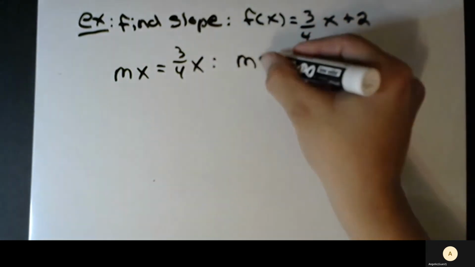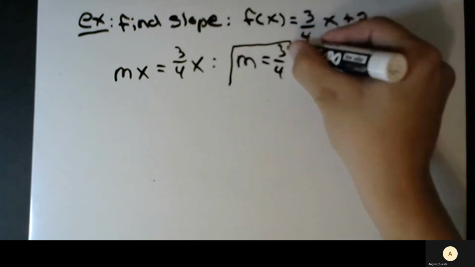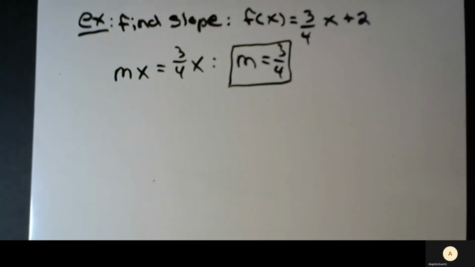So the slope m is 3/4. So it can be a fraction, it can be a decimal.